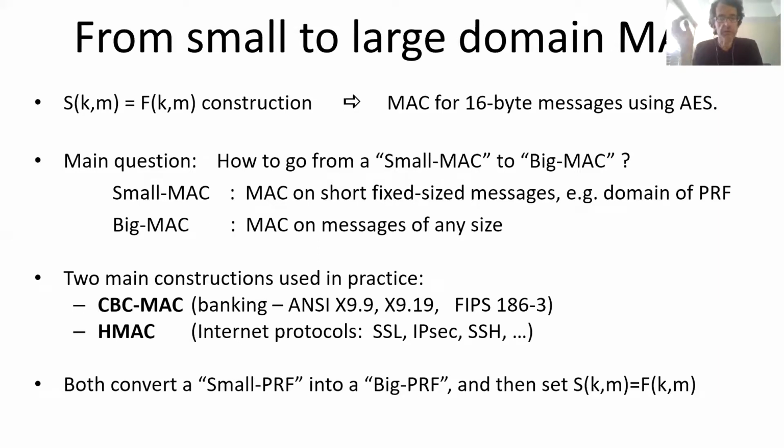An IP packet is larger than 64 bits. So the next question is, how do you take a so-called small MAC that works on short messages, and convert it into a big MAC, a MAC that works on arbitrary messages, however big you want.